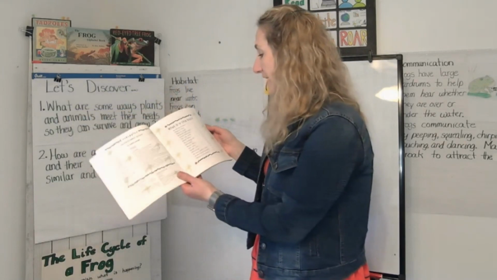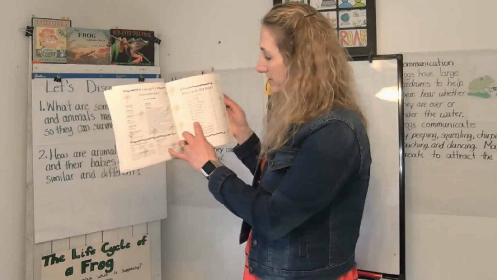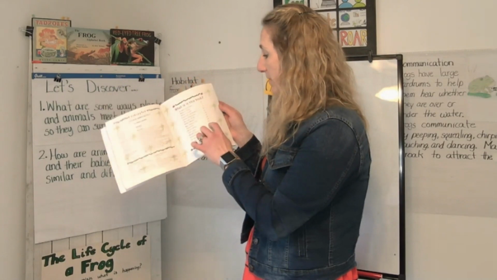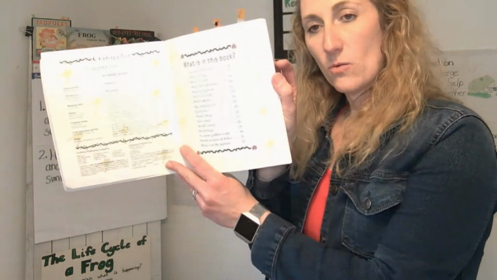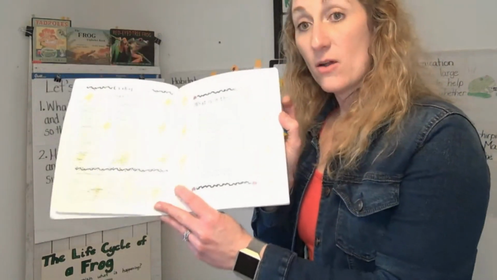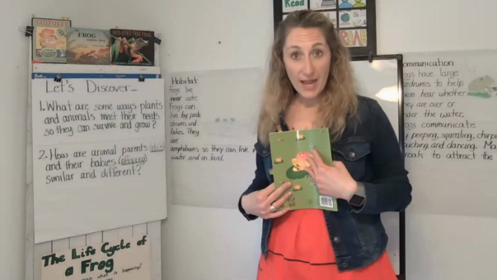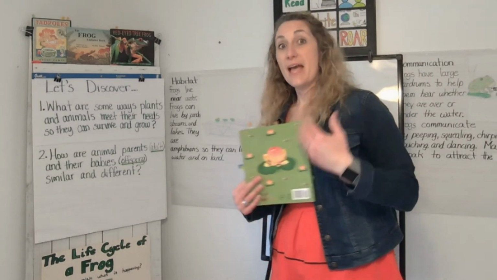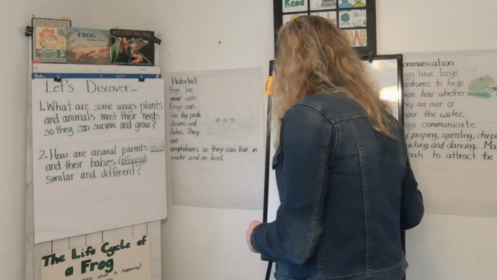So for instance, if I wanted to learn about what frogs are doing in winter, it says winter sleep. And I would turn to page 22 because that's what this book is telling me is where I can find that answer. So we want to make something for our readers as writers of the book so that they can find where they're going.